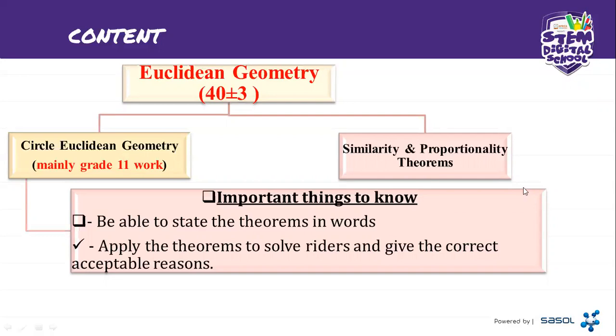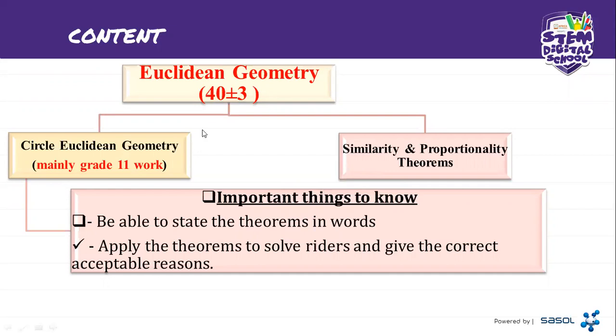And then Euclidean geometry is divided into 2 parts. The first one is the circle Euclidean geometry that we did in grade 11. And now, in grade 12, we are introduced to similarity and proportionality theorems. So those are 2 important parts.